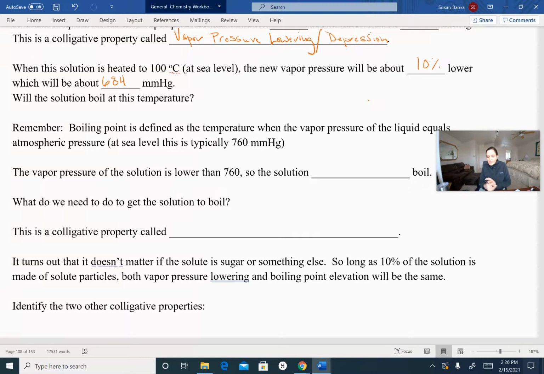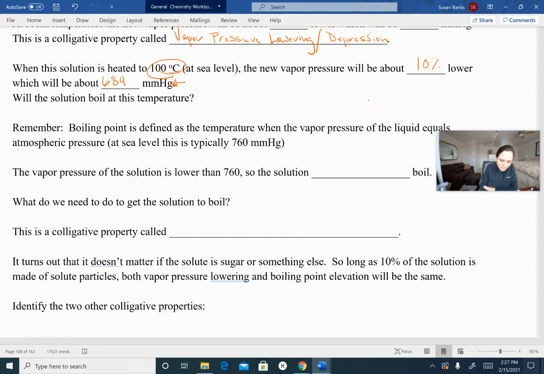Okay? Now, remember, for something to boil, the vapor pressure has to equal the atmospheric pressure. Does this vapor pressure equal the atmospheric pressure of 760? No, it's not high enough. So will this solution boil at this temperature, even though we've brought it to 100 degrees?